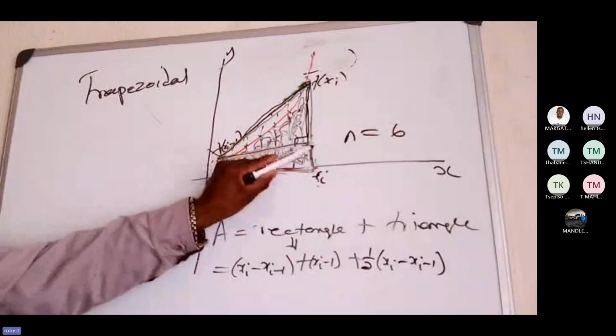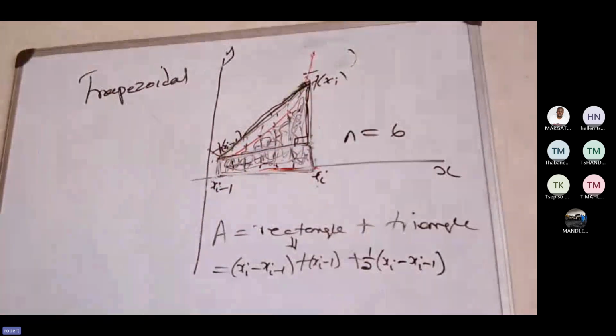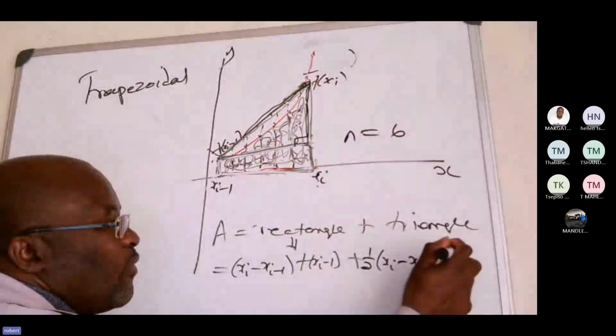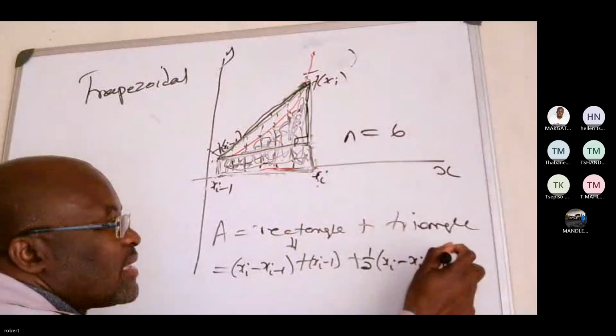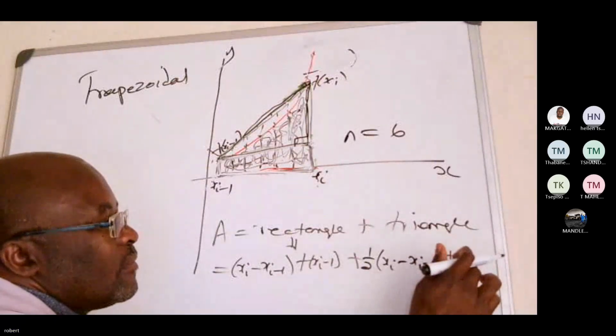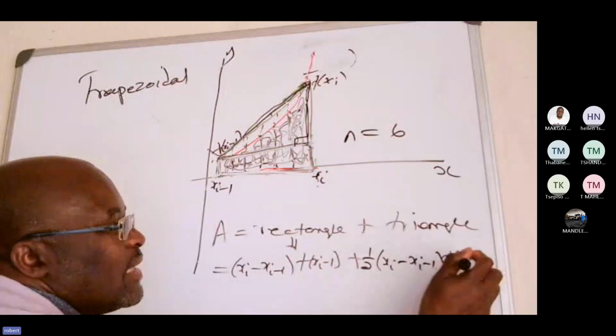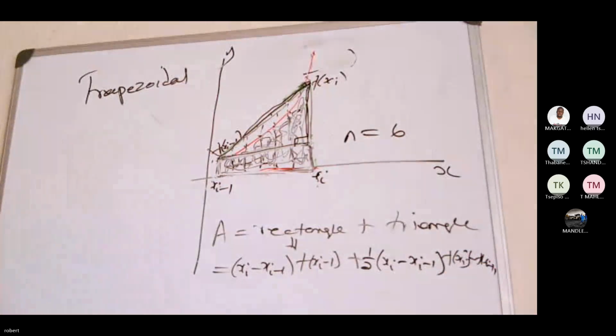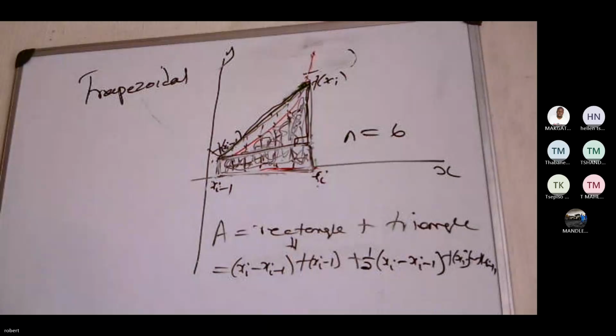And what is y here? It's f of xi minus 1. Therefore, it will be f of xi minus f of xi minus 1. Does it make sense?